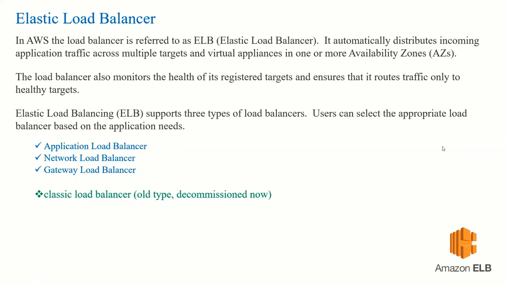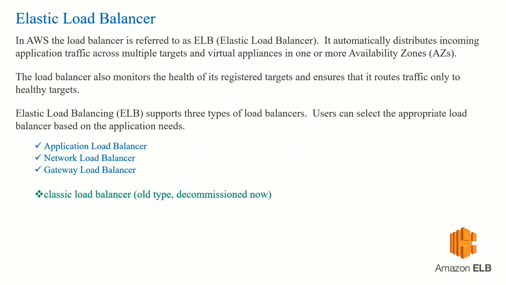It automatically distributes incoming application traffic across multiple targets and virtual appliances in one or more availability zones. The load balancer also monitors the health of its registered targets and ensures that it routes traffic only to those healthy targets.